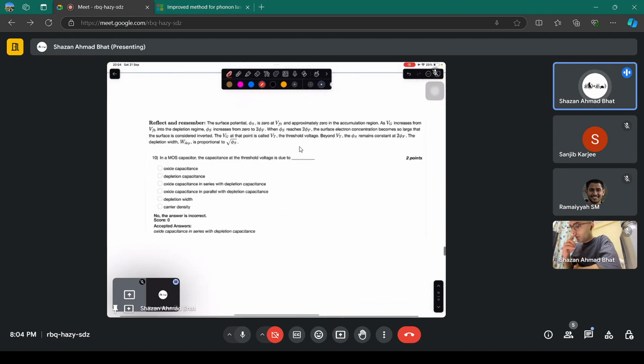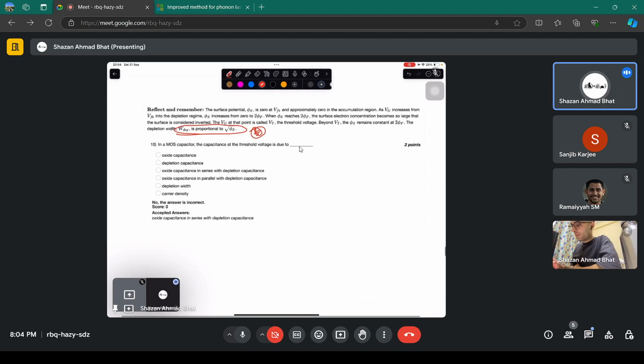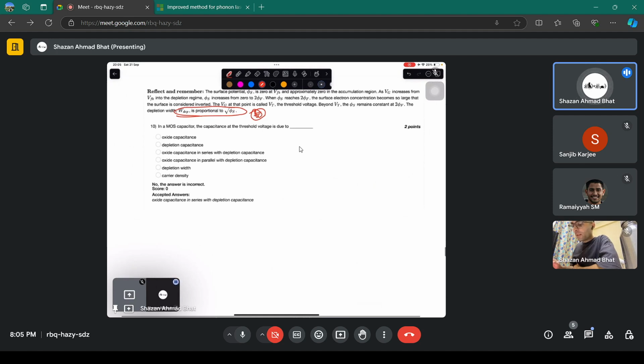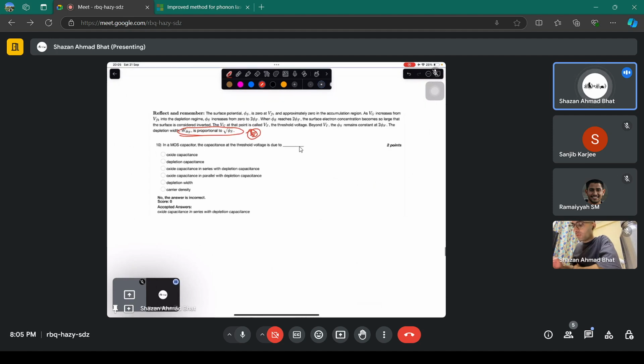Now, the final question. The depletion width varies as the square root of the surface potential. In a MOS capacitor, the capacitance at threshold voltage is due to what?